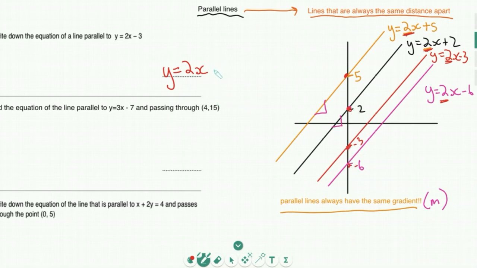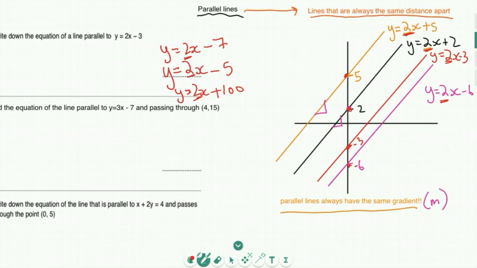We can put any y-intercept, minus 5. Or we could have y equals 2x plus 100. Or we can have y equals 2x minus 7, as long as the gradient is always the same. So there's like infinity possible answers, okay? There's not just one answer here, as long as the gradient is 2.